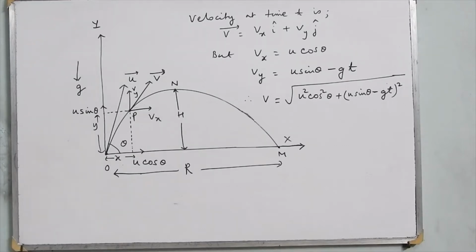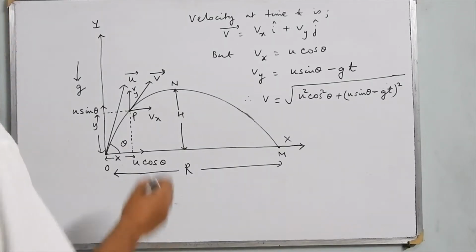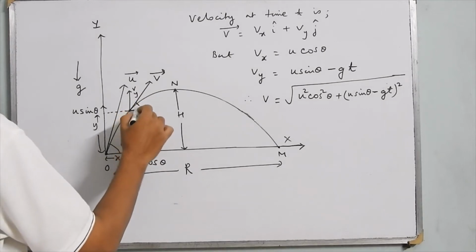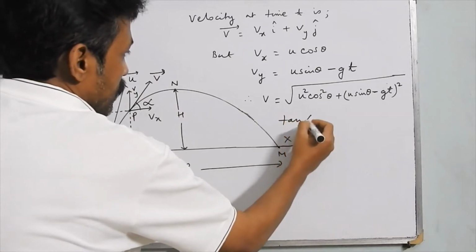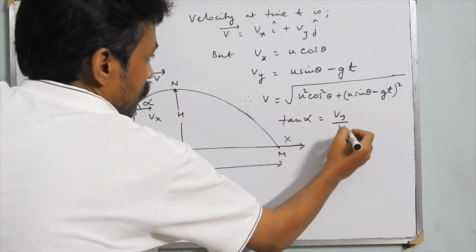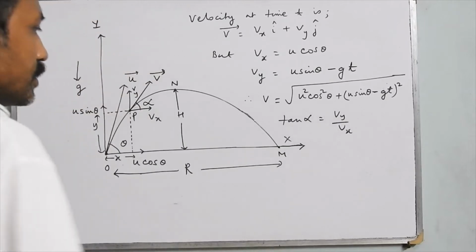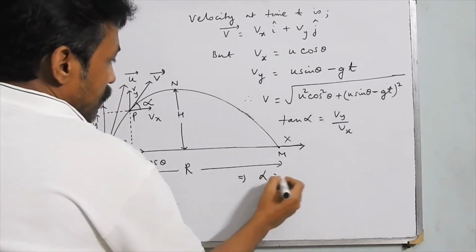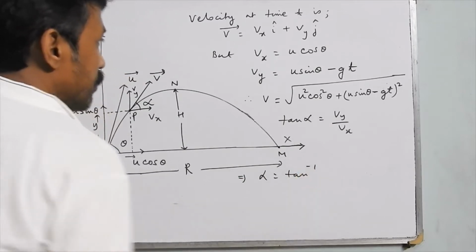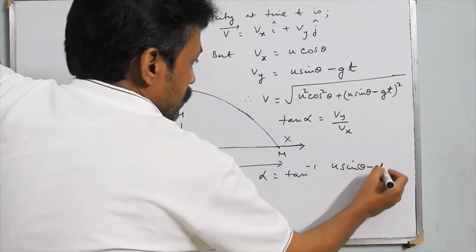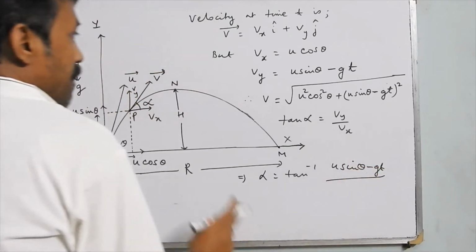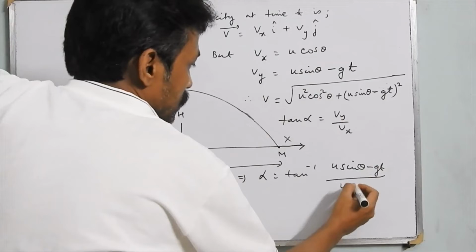And if you want to know the direction of this velocity vector, that also we can do. Suppose we assume that the angle made by the velocity vector with the horizontal is alpha. So here I can write tan alpha is Vy by Vx, which means alpha equal to tan inverse of Vy, which is u sin theta minus gt, by Vx, which is u cos theta.